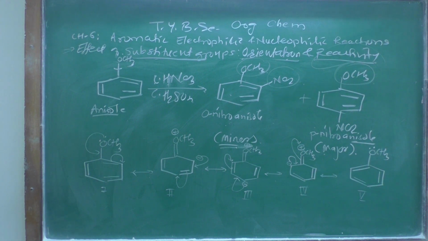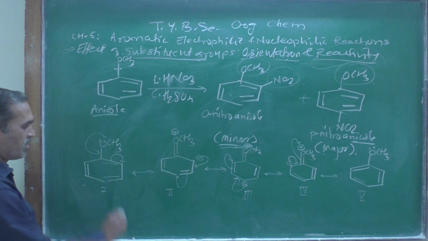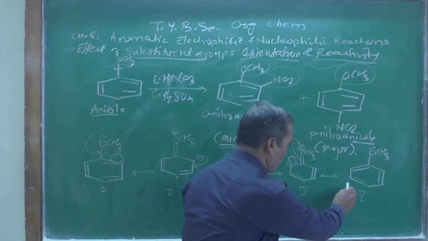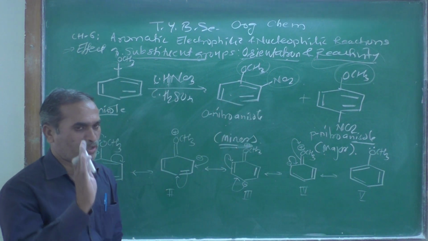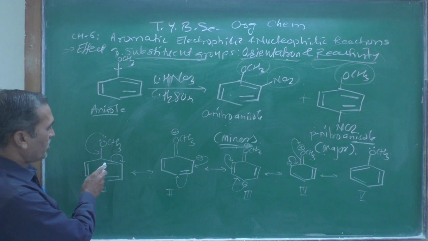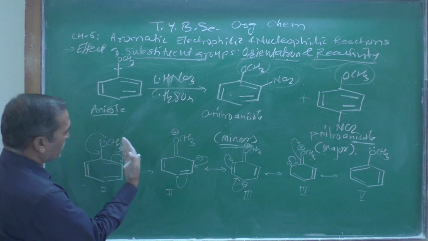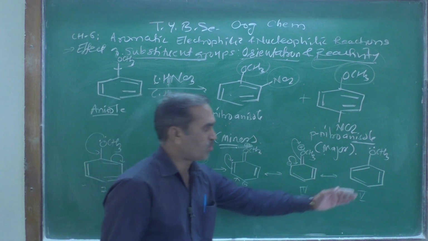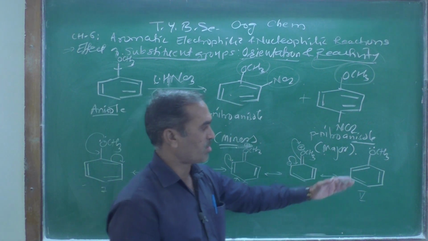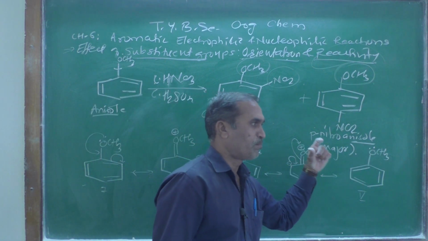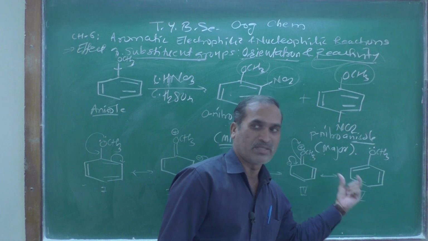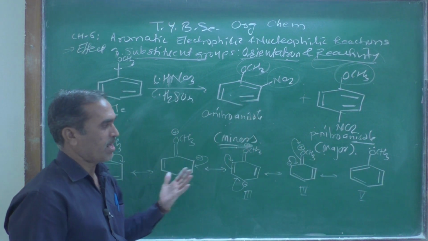Now see structure number first and structure number last carefully. What do you observe here? Look at the double bond on the right hand side. If you look at the last structure, the double bond is present on the left hand side.